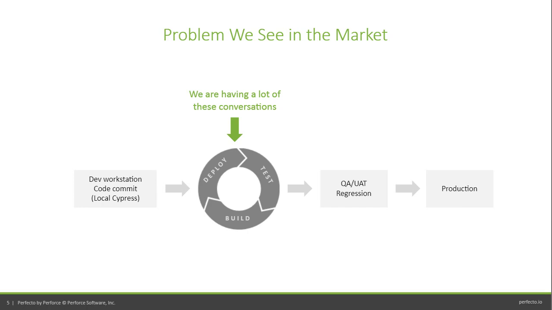On this slide, we've outlined at a very high level what a typical pipeline looks like for any software shop. On the far left, your developers in a local environment would have their code running, run their Cypress tests locally, and test them before committing and doing pull requests as part of the cycle.